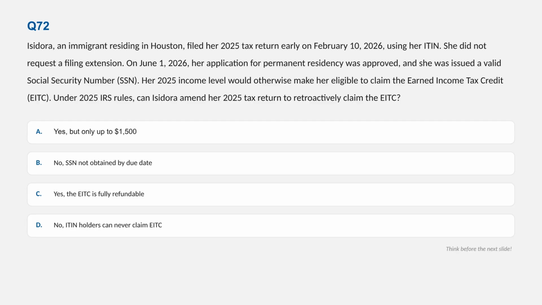Her 2025 income level would otherwise make her eligible to claim the Earned Income Tax Credit, EITC. Under 2025 IRS rules, can Isidora amend her 2025 tax return to retroactively claim the EITC? A. Yes, but only up to $1,500. B. No, SSN not obtained by due date. C. Yes, the EITC is fully refundable. D. No, ITIN holders can never claim EITC.